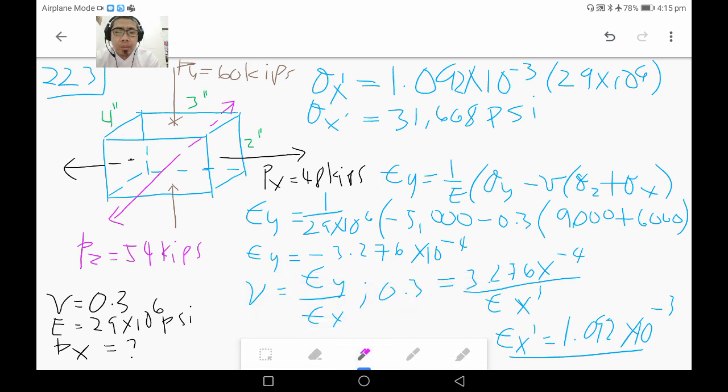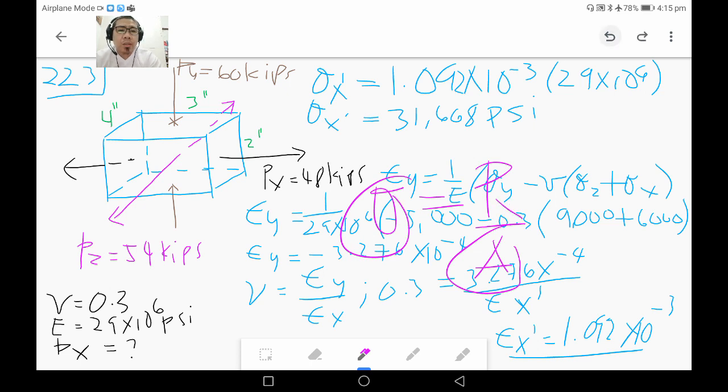So, stress, remember that stress equals force over area. So, may area tayo, may nakuha tayong stress, makuha natin yung PX. Okay? So, makuha PX, stress times area.